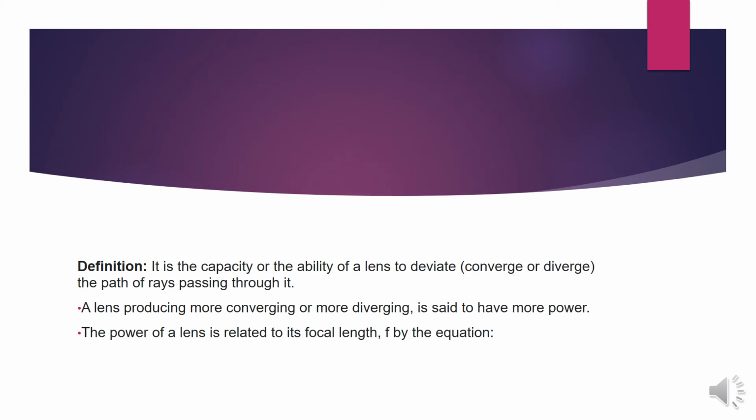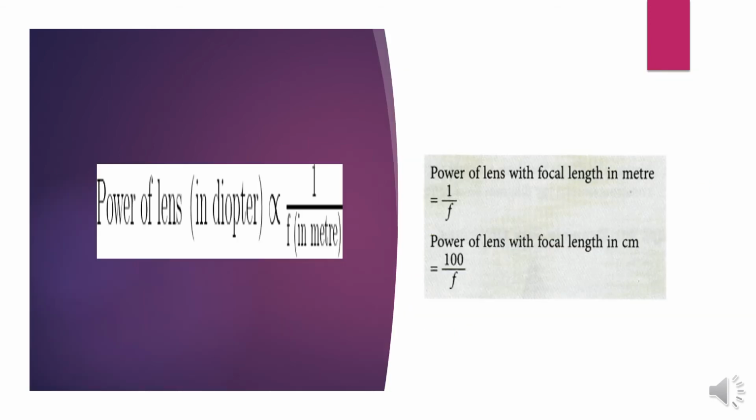The power of the lens is related to its focal length by the equation. What is that equation? P is equal to 1 by F. But here, the F, the focal length, has to be in meter. If you get the focal length in centimeter, the formula changes to P is equal to 100 by F. So you have to be very careful about the unit of the focal length.